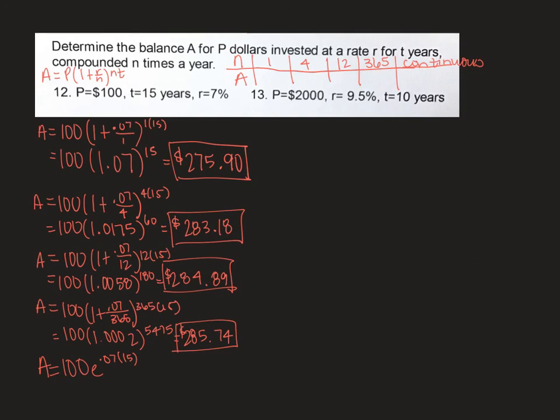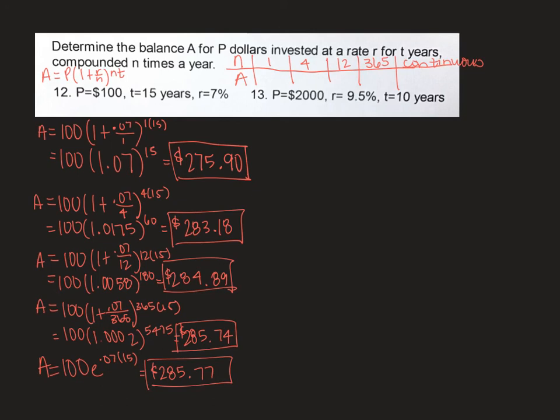E to the 1.05 is about 2.85765 times 100 gives us 285.77. So it's not much more than compounded every day, but it still is the most that you can make with interest. So if you can find interest rates that have your values compounding continuously, you end up making the most money.